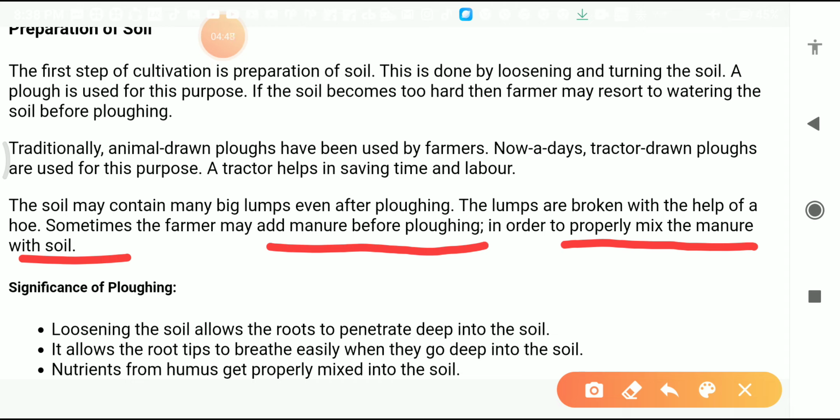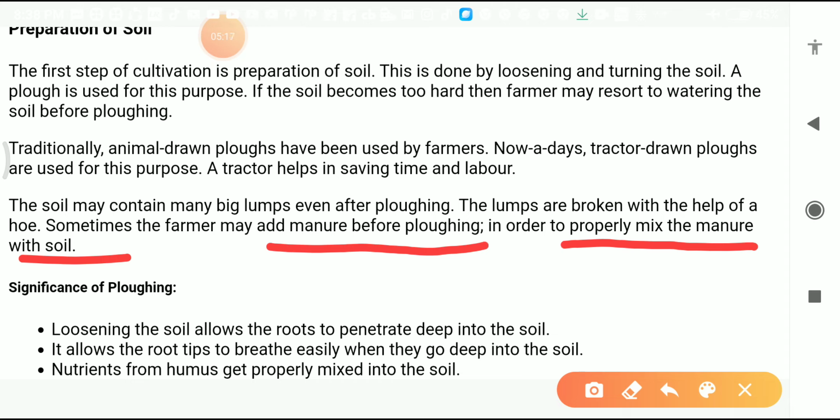That's why farmers use manure before plowing. Here, students, we are using two implements for the loosening and turning of the soil: a plow, and another one, a hoe. Hoe and plow are both implements of agriculture.